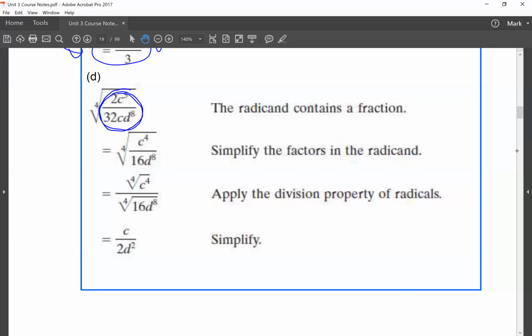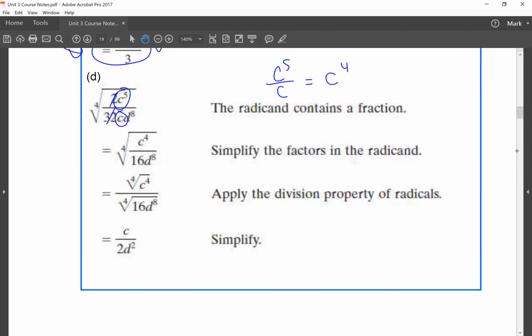I can reduce the 2 over 32, and I can reduce the c's. So 2 over 32 gives me 1 over 16. c to the 5 divided by c is c to the 4. That's where the 4 comes from. And there's not much we can do with the d; we can't reduce it inside the radical.